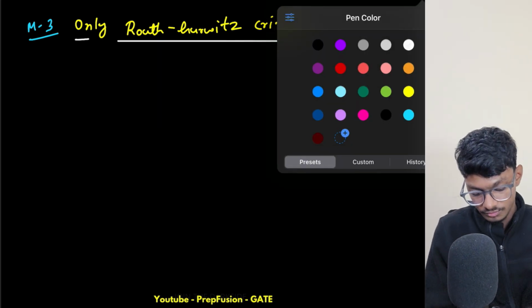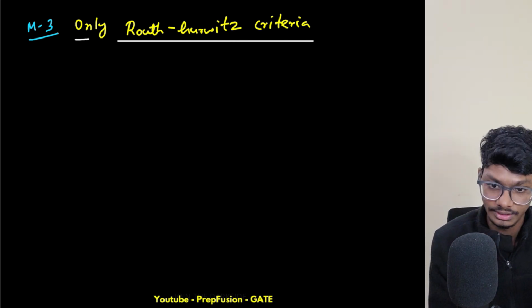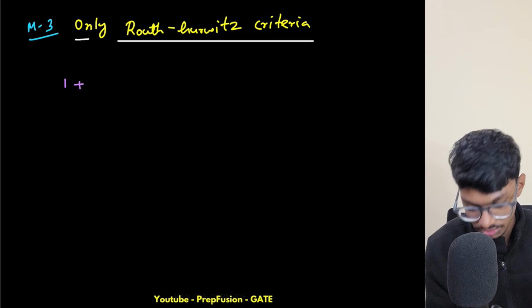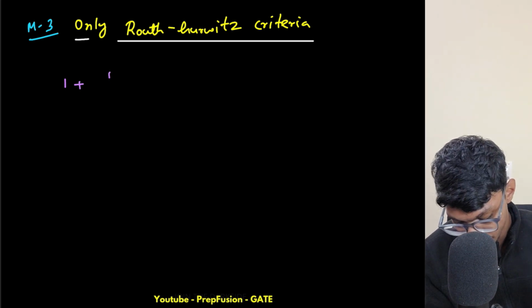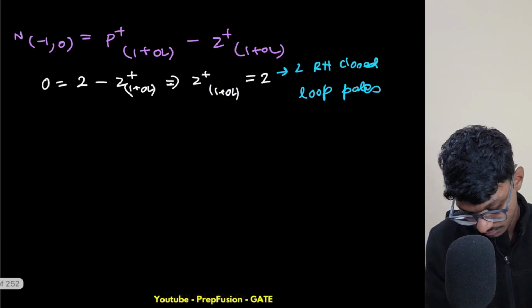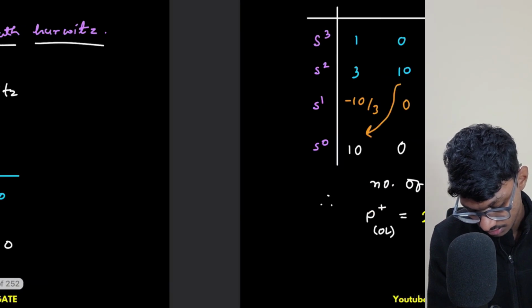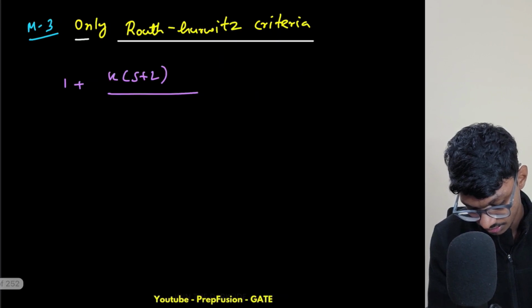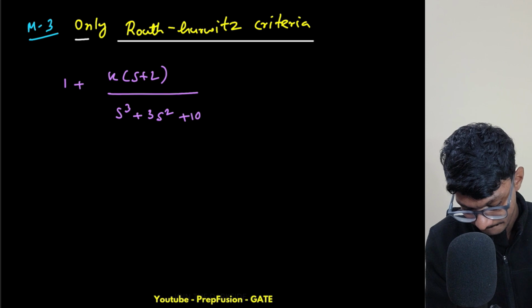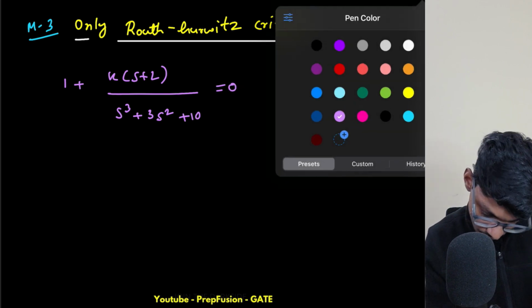If someone only wants to use Routh, what they can do is write the characteristic equation. So 1 plus G of H of s, which is k into s plus 2, over s cube plus 3s square plus 10, equals 0.